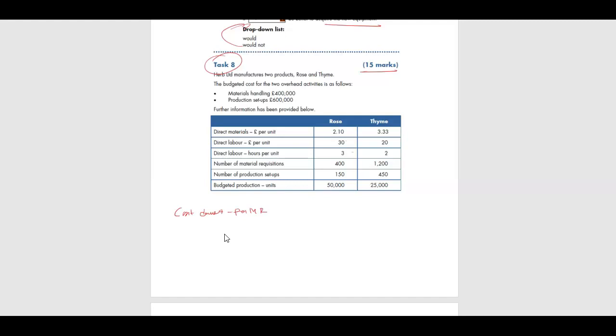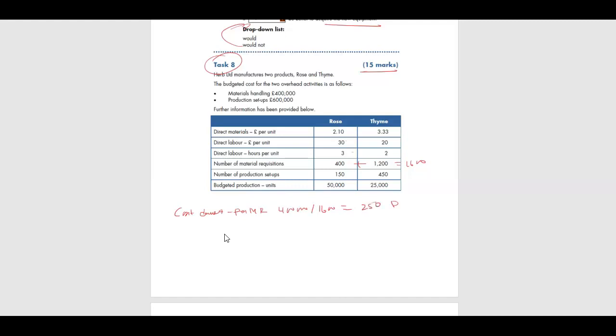So we can say 400,000 divided by 1600 gives me 250 per material acquisition.